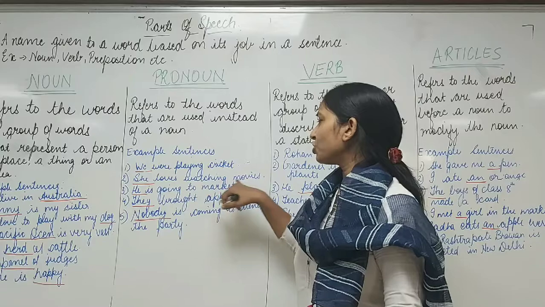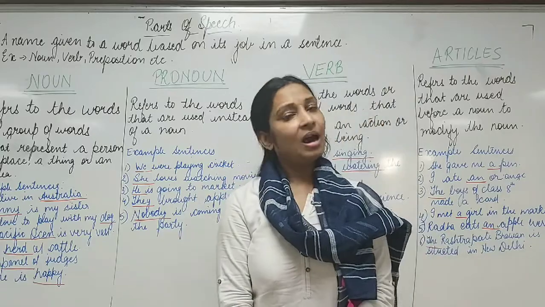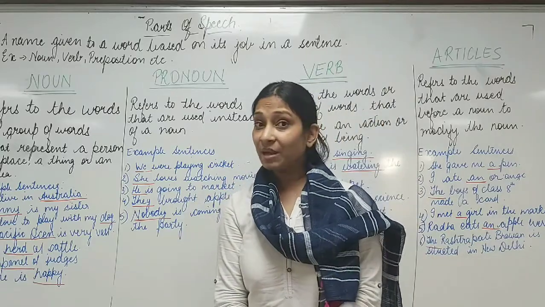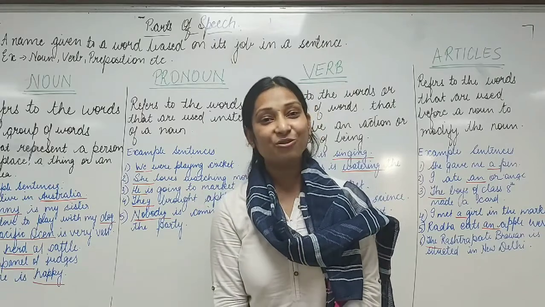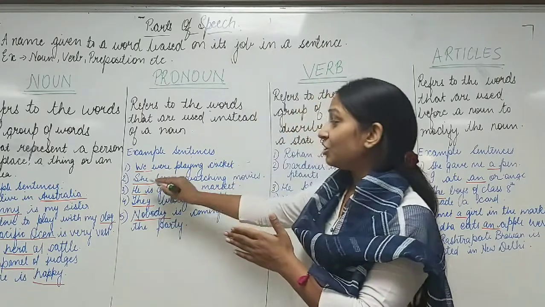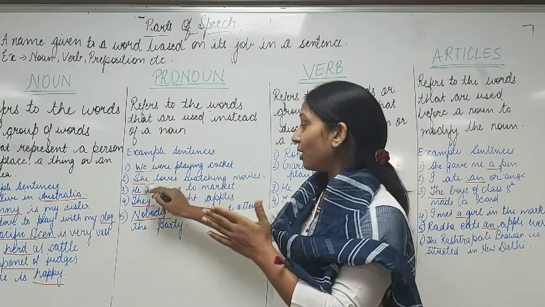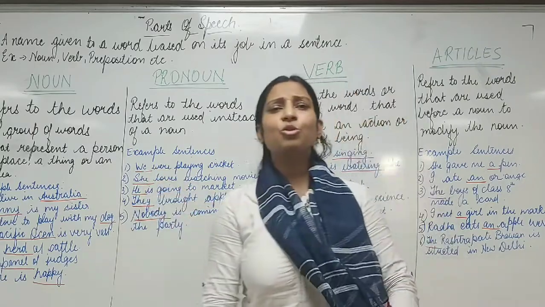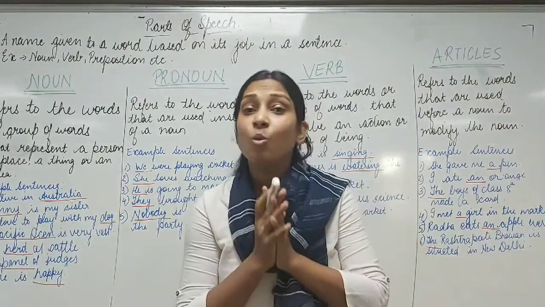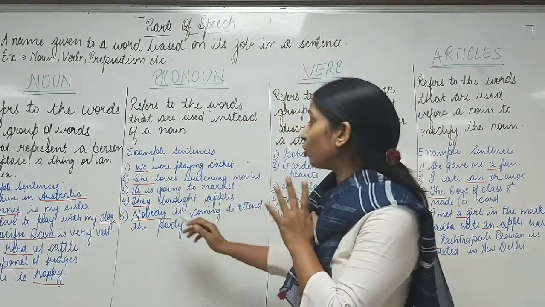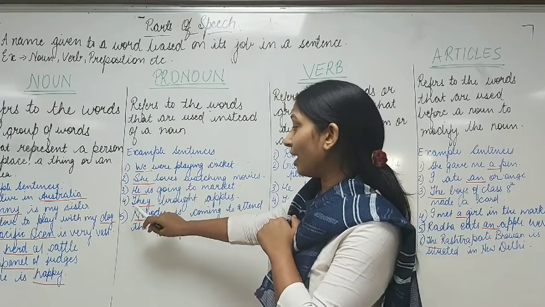She loves watching movies. I can name that person, but if I name that person, that will be a noun. But I am using a pronoun instead of the name. That is she. So she here is a pronoun. Next, he is going to market. Suppose Ram is going to market, but instead of Ram, what am I saying, children? He. So he here will be a pronoun.